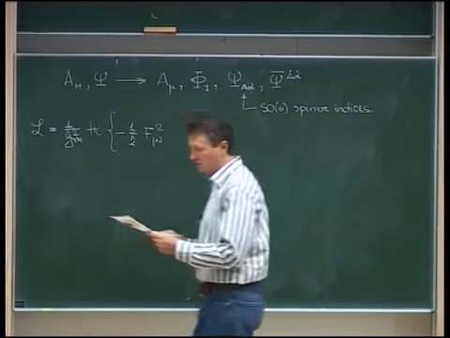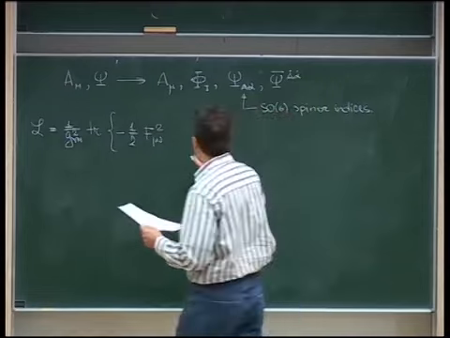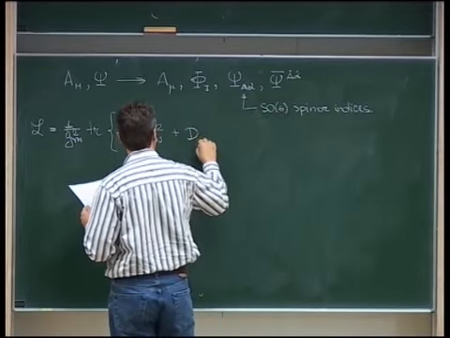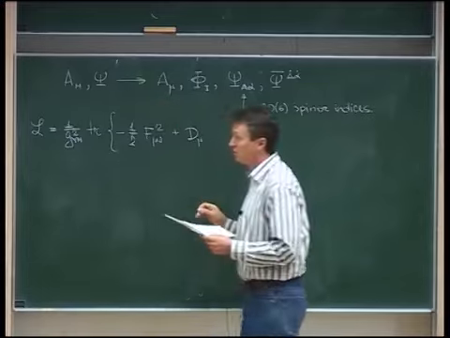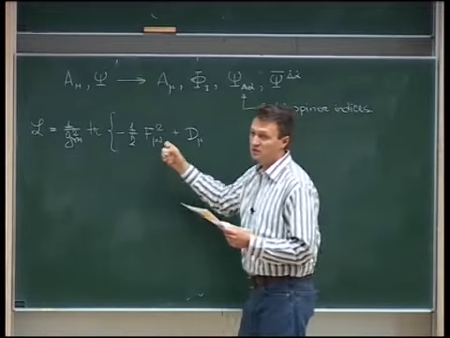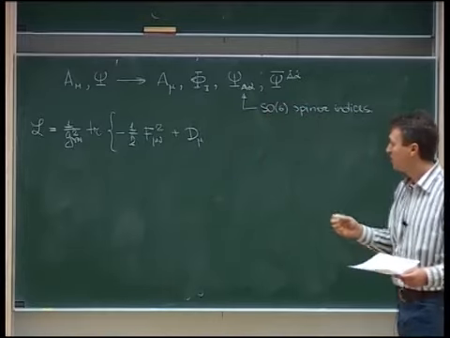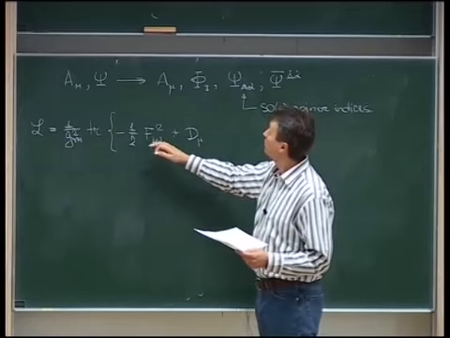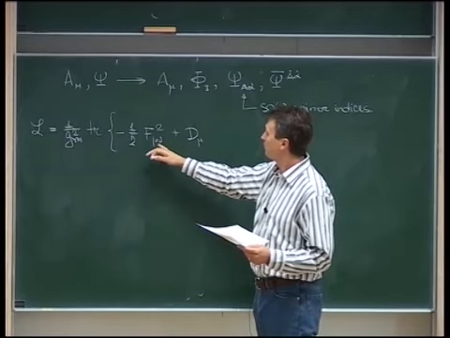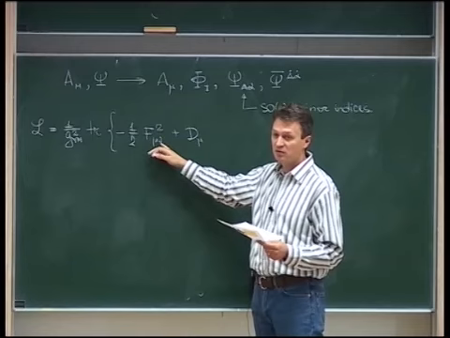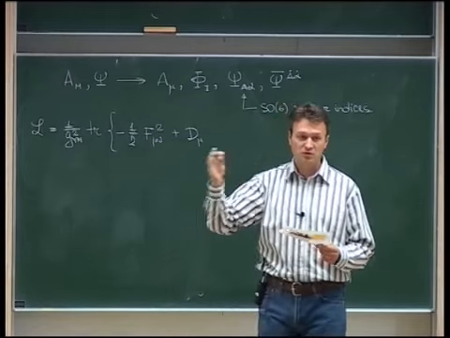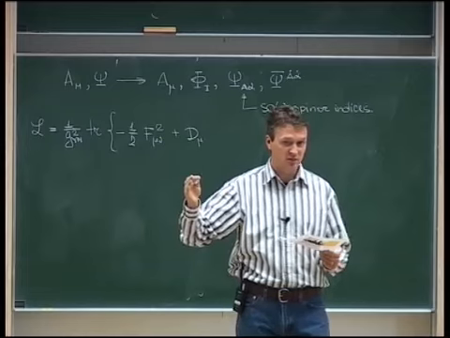Of course, it contains F_mu squared, but the field tensor in 10 dimensions has 4 cross 4 components, but it also has 4 cross 6 components and 6 cross 6 components.